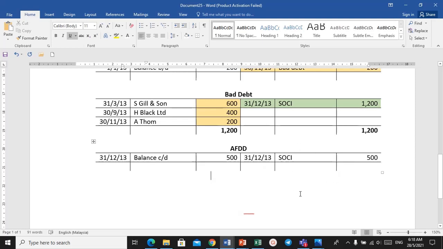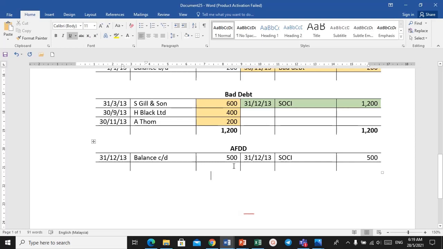Okay, I hope you can see the difference between bad debt and allowance for doubtful debt account. For bad debt, you cannot have any balance CD. But for allowance for doubtful debt, you can see here, we do have balance CD.